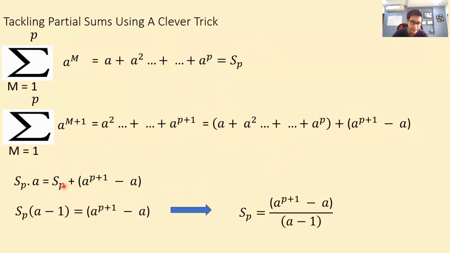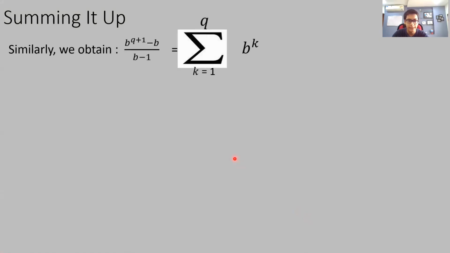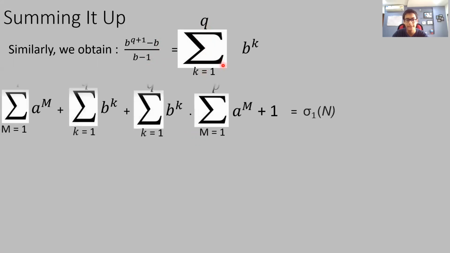Now, bringing SP to the LHS, we get SP times a minus 1 equals a to the p plus 1 minus a. Therefore, SP equals a to the p plus 1 minus a over a minus 1. Summing it up. Similarly, we obtain that b power q plus 1 minus b over b minus 1 equals the sum as k goes from 1 to q of b to the k.